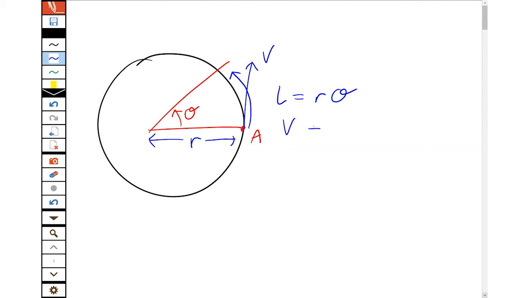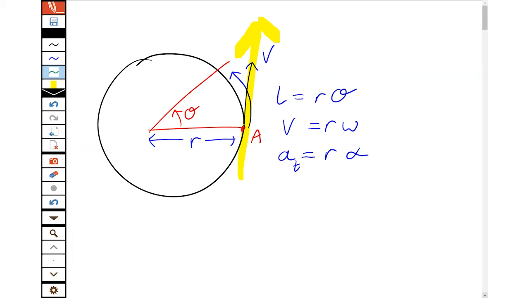The linear velocity is just the radius times the angular velocity. And the linear acceleration is just the radius times the angular acceleration. And we remember, we talked about this before, this acceleration is tangential. So that's the tangential acceleration.